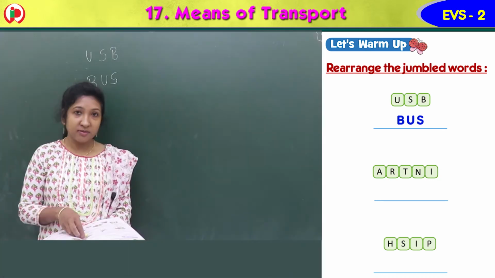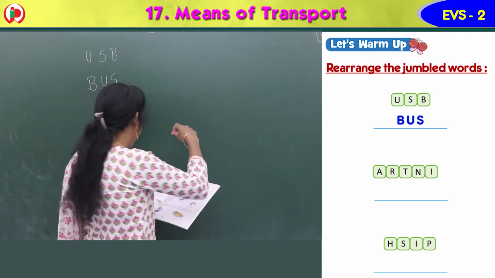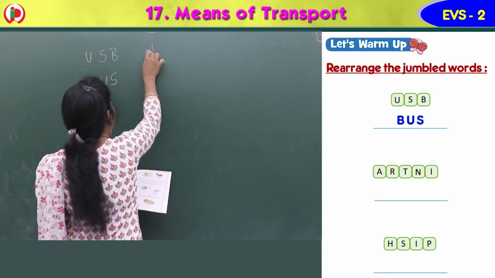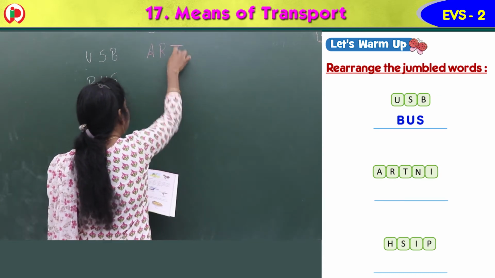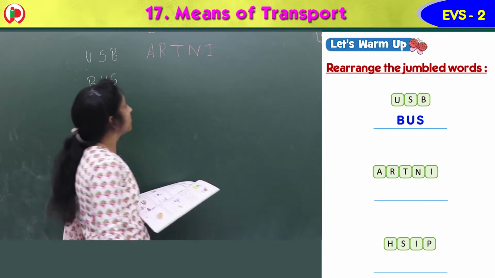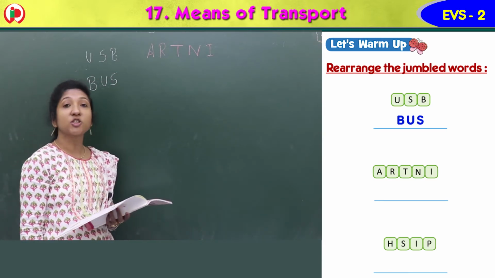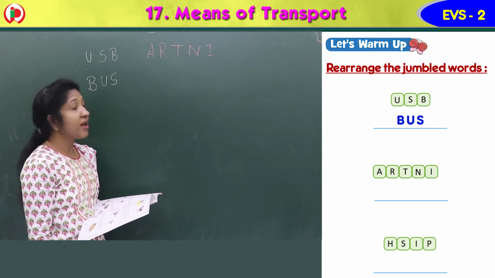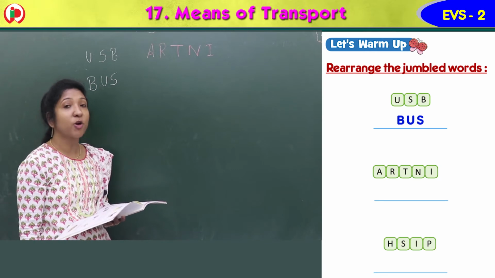Now the second word is given in jumbled form: A, R, T, N, I. Come on, children, arrange these letters in the correct order. Can you find out which vehicle or means of transport this is?